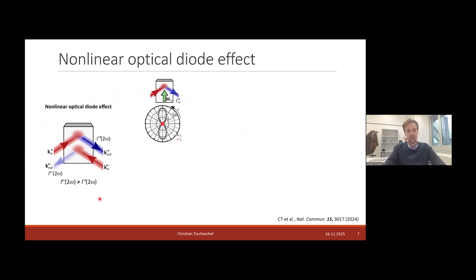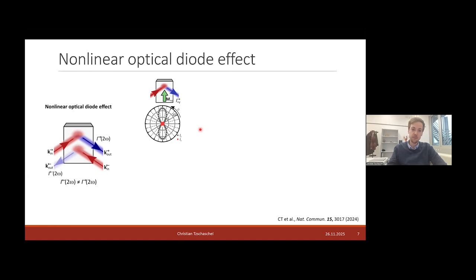Well, if we measure in forward direction, and here I'm showing a polarizer plot, we are measuring in gray and red the S and P polarized SHG response, and we vary the polarization of the incident light pulse, the K-in. So there's a clear polarization dependence of the SHG response. Nice.